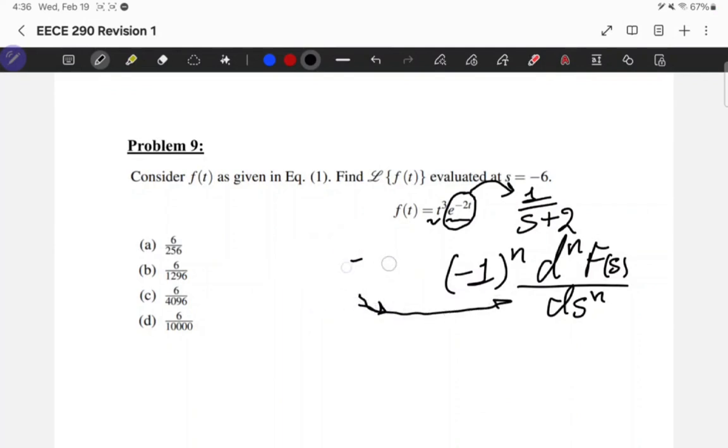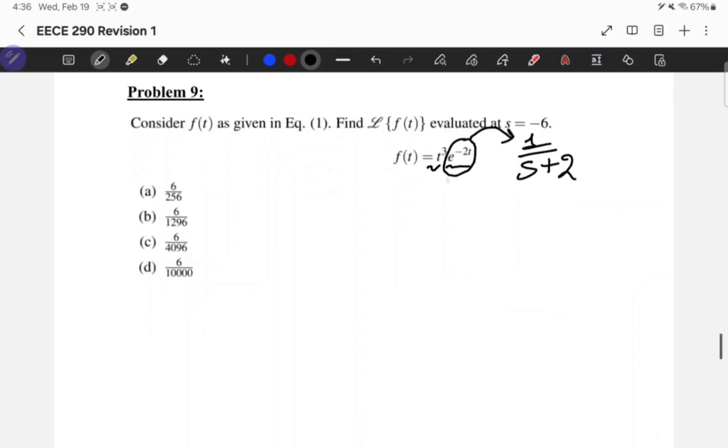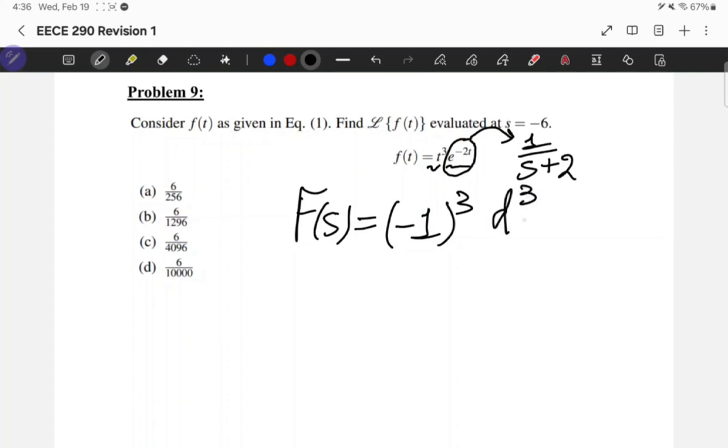So what I can do is that exponential minus 2t transforms to 1 over s plus 2, but I need to differentiate this 3 times. So capital F of s is equal to minus 1 power 3, d cubed by ds cubed, so derivative 3 times of 1 over s plus 2.